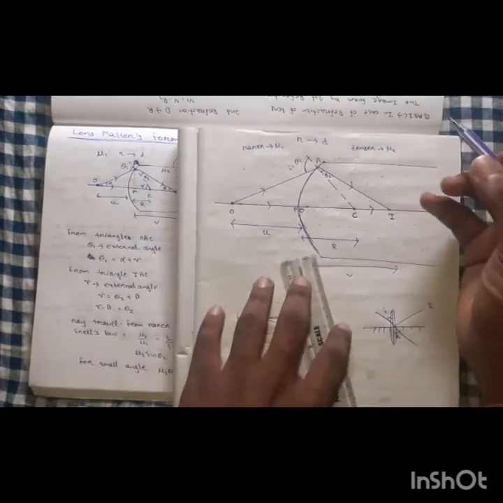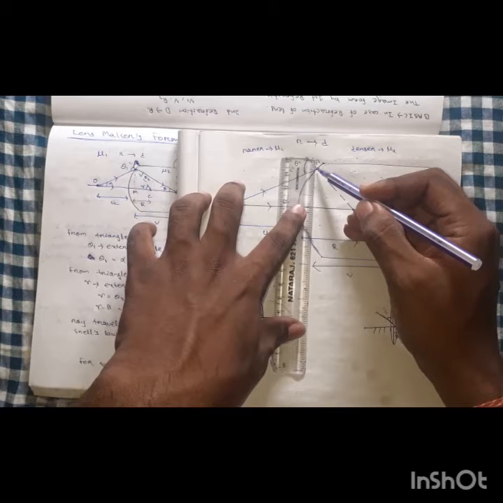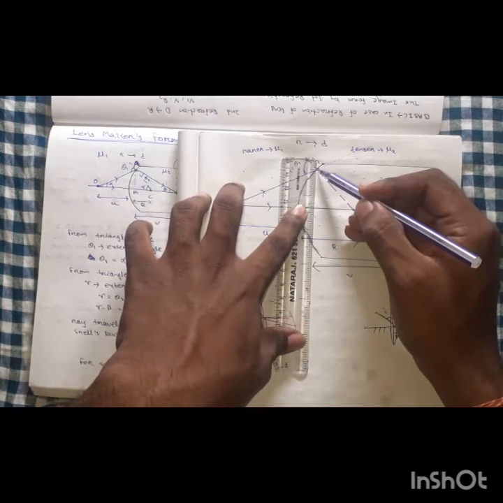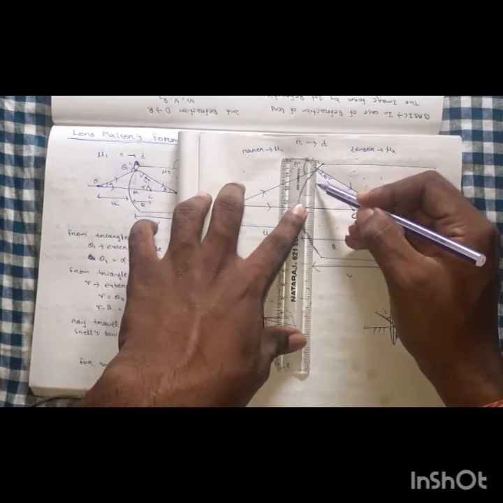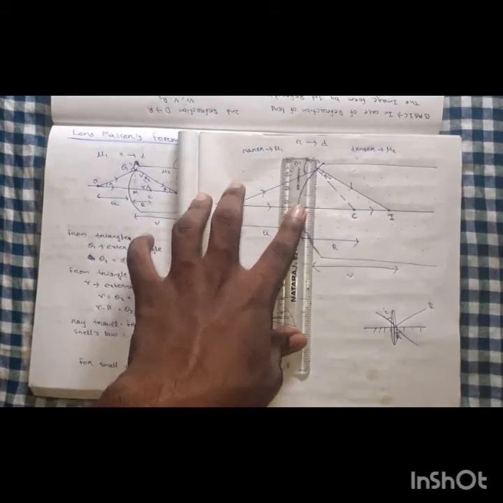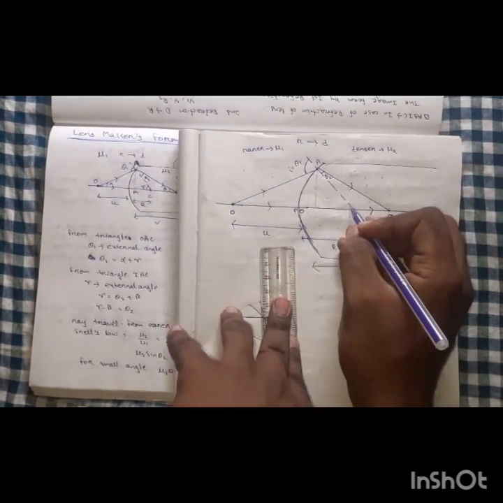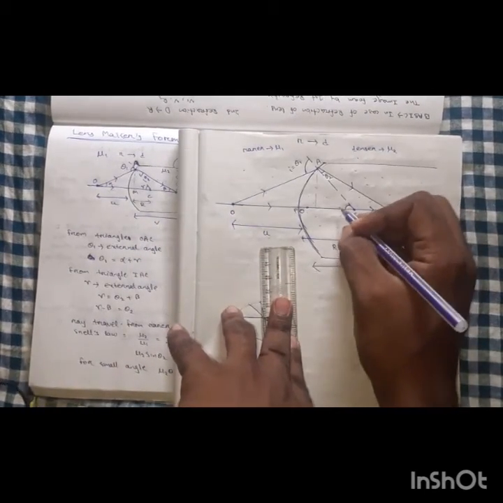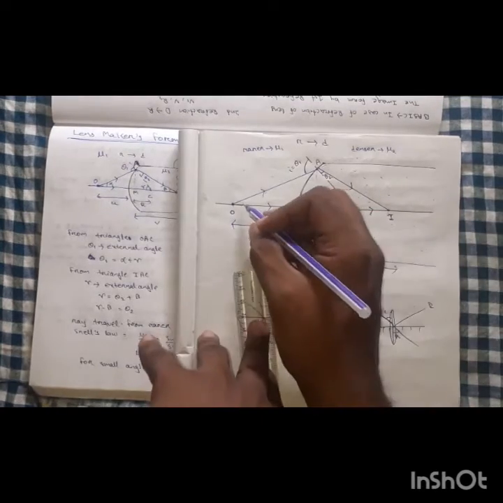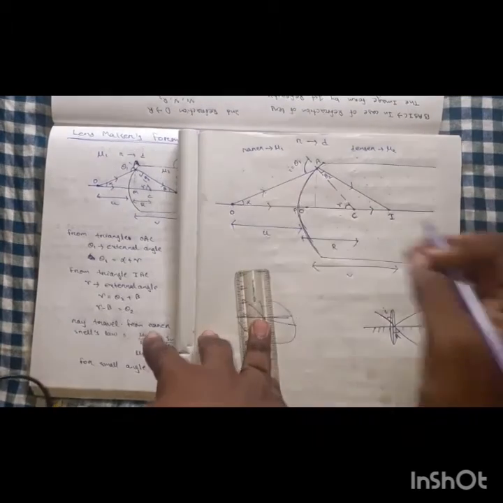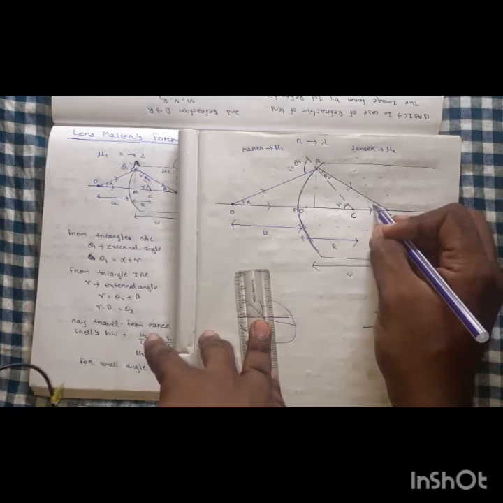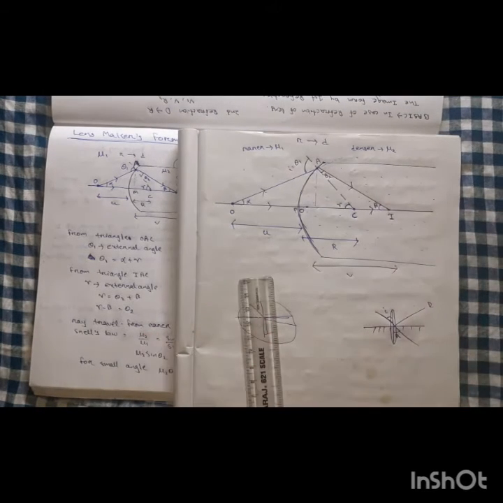Then let's join a perpendicular from the position of A. Take this angle as gamma, this angle as alpha, and this angle as beta. Why? To derive a simple formula.